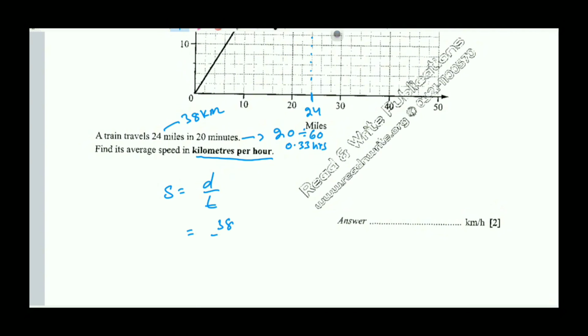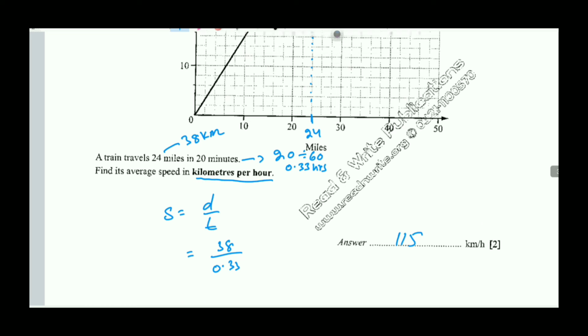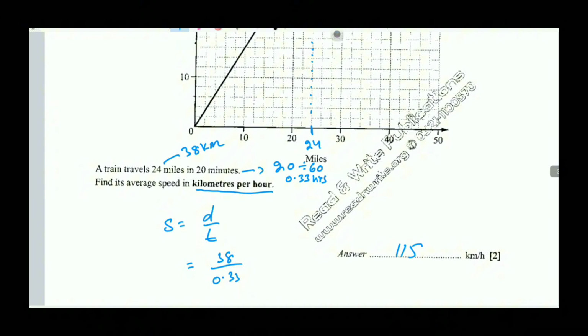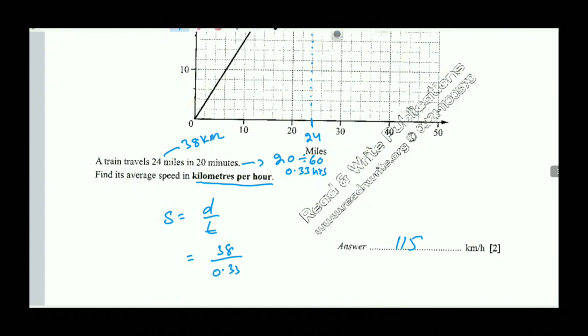Distance 38, time is 0.33. If you calculate, you will get 115 kilometers per hour. So please be very careful while doing the conversions. Conversions are very important in this topic. If you do not do conversions when they are required, then your answer will be wrong.